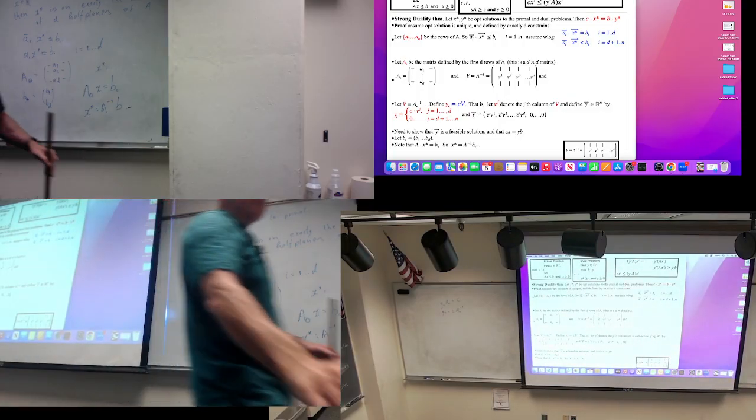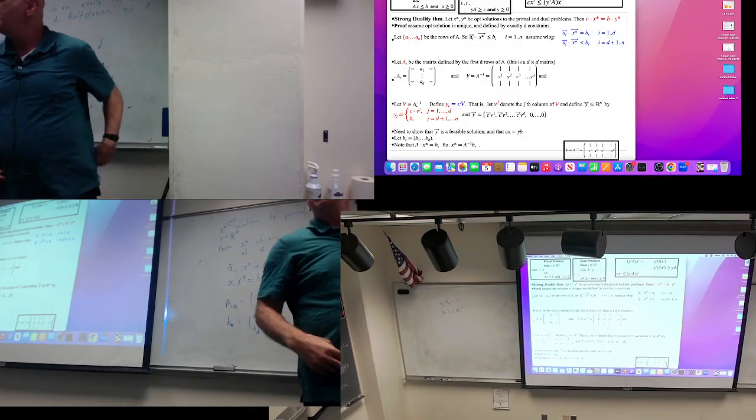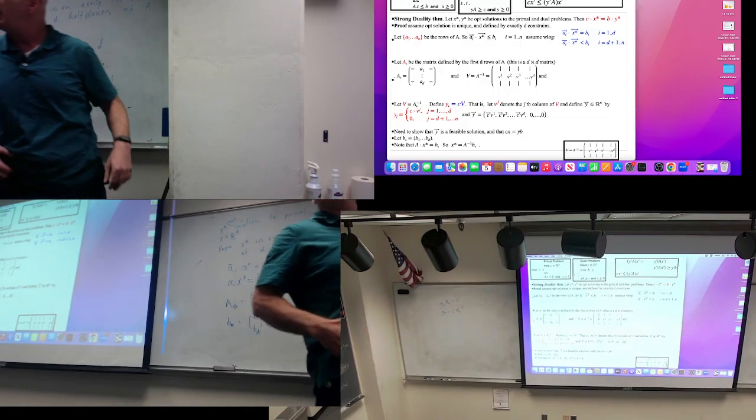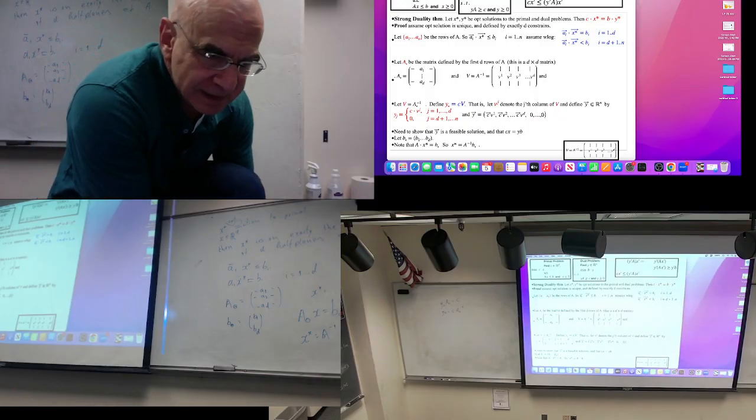Okay, so once you tell me which constraints are tight, I can generate the solution to both the primal and the dual very easily.